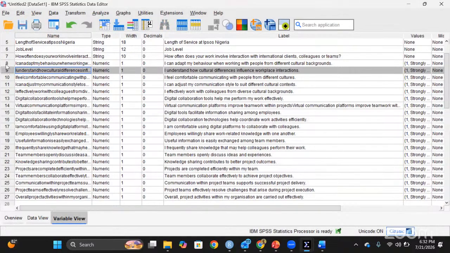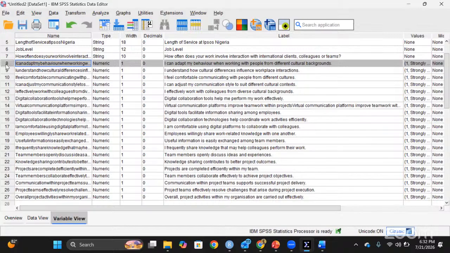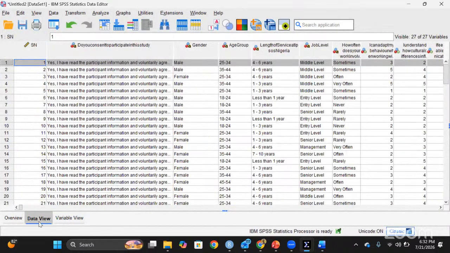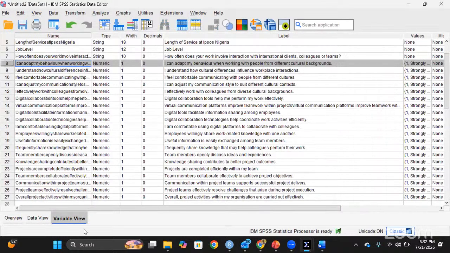Yeah. 8, is it not a question? Yes. So on this interface, what does it mean? What's it standing for? No. What is it standing as, this number 8 on this variable view?